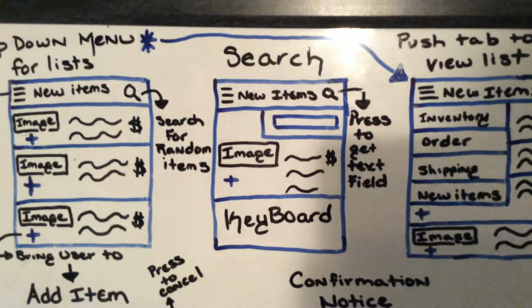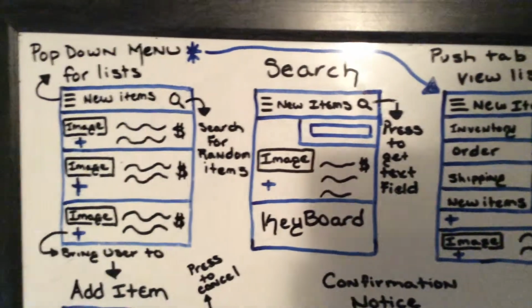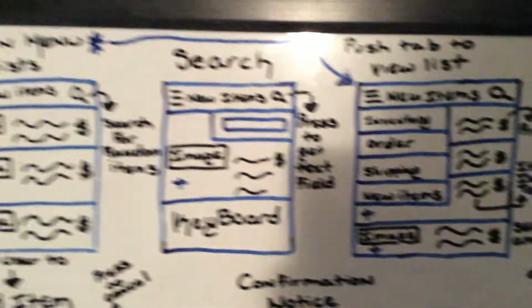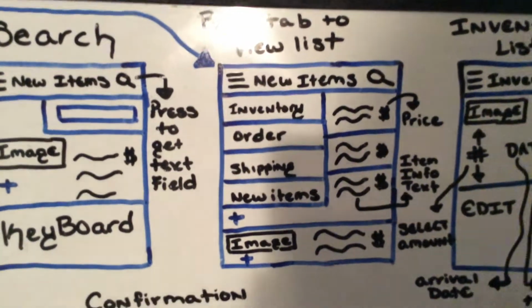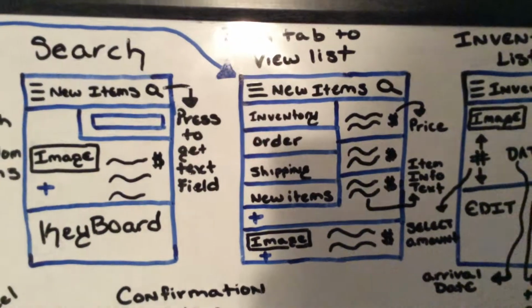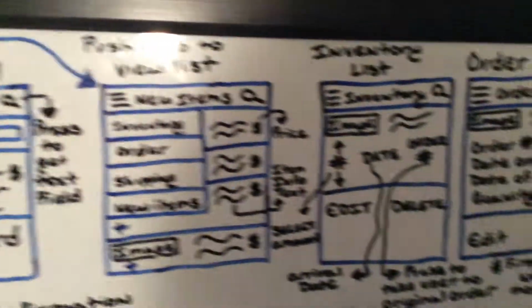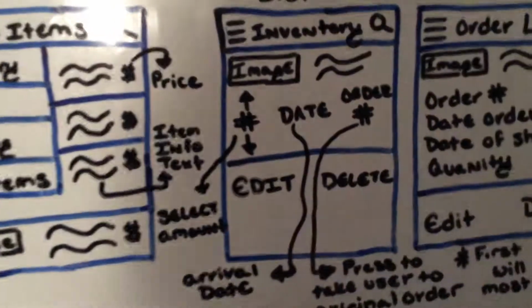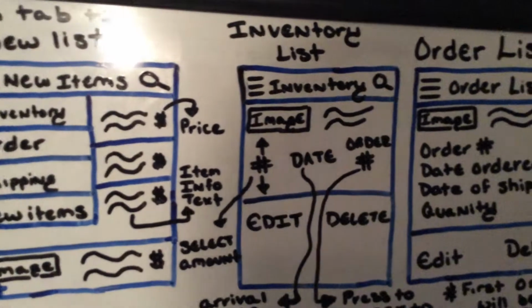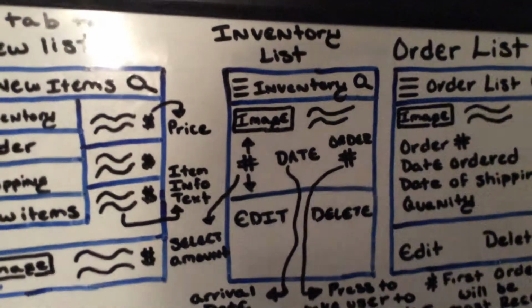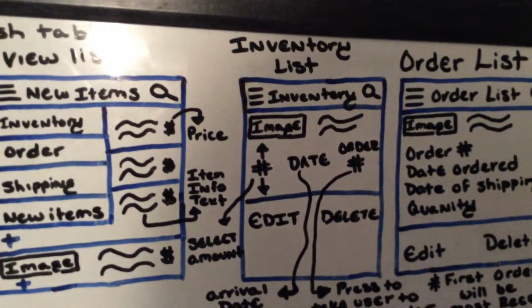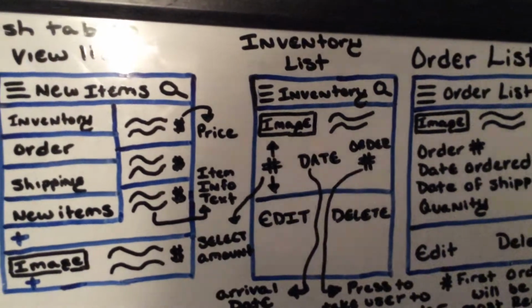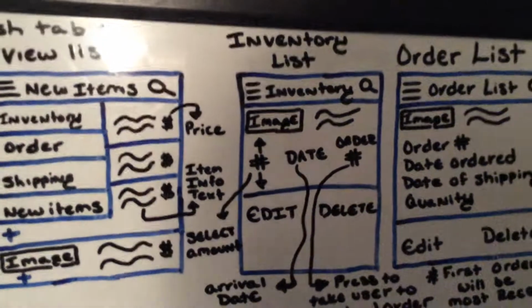Backing up to the tab view list, if you hit the inventory, you will be prompted to this particular screen. This is the inventory list, which shows you the image, the text name of the item, the quantity, the date, and the order number.